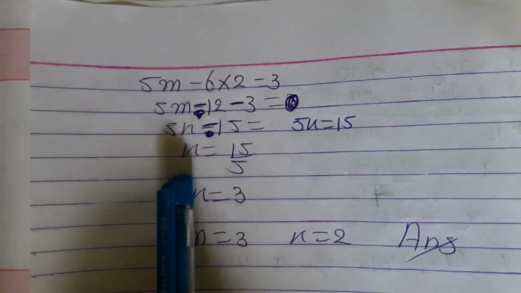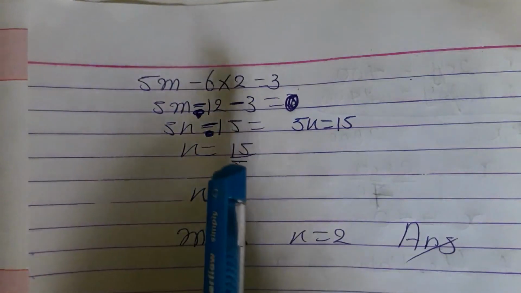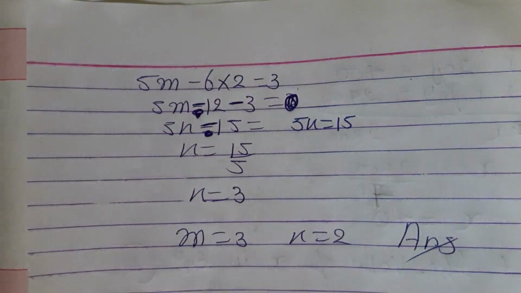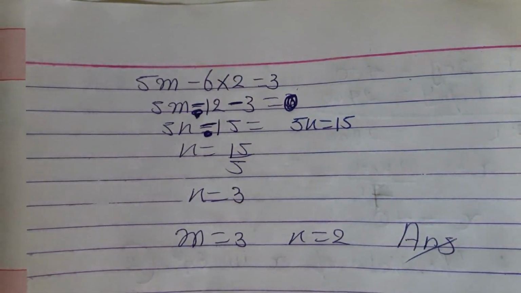So m is equal to 15 upon 5, and 5 3s are 15, so m is equal to 3. So the value of m is equal to 3, and the value of n is equal to 2.